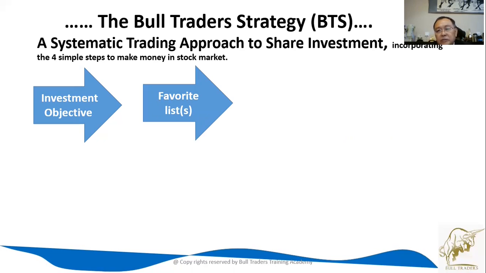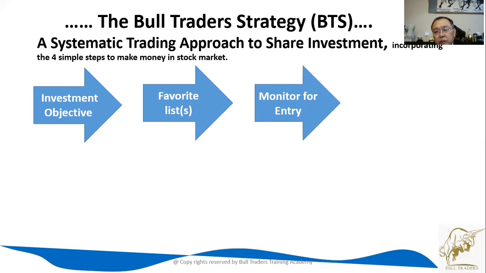After you set objectives, you will know what kind of risk you are able to take. So from there, you have to find the stocks that match the risk appetite of your capital. That's why we call it a favorite list or monitoring list.